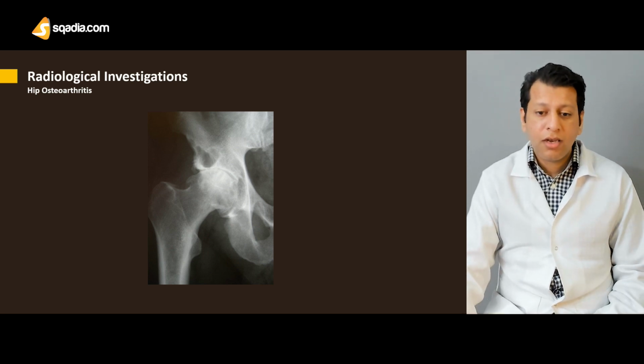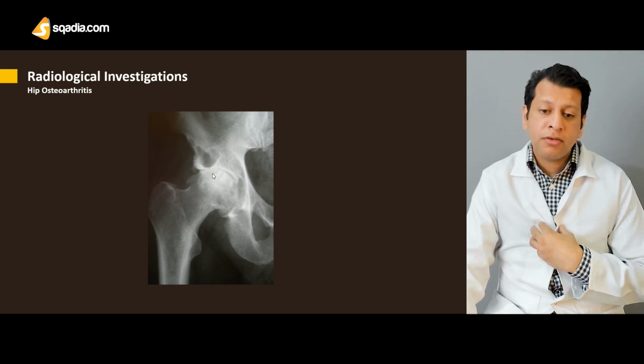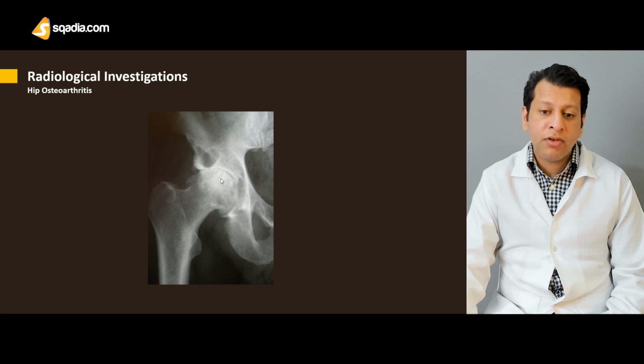And then if you closely look, there is increased sclerosis of the subchondral bone. If you see this subchondral area, this is the posterior superior weight bearing area of the femoral head. There is increased density over here. You can appreciate a lot of whiteness on this level.